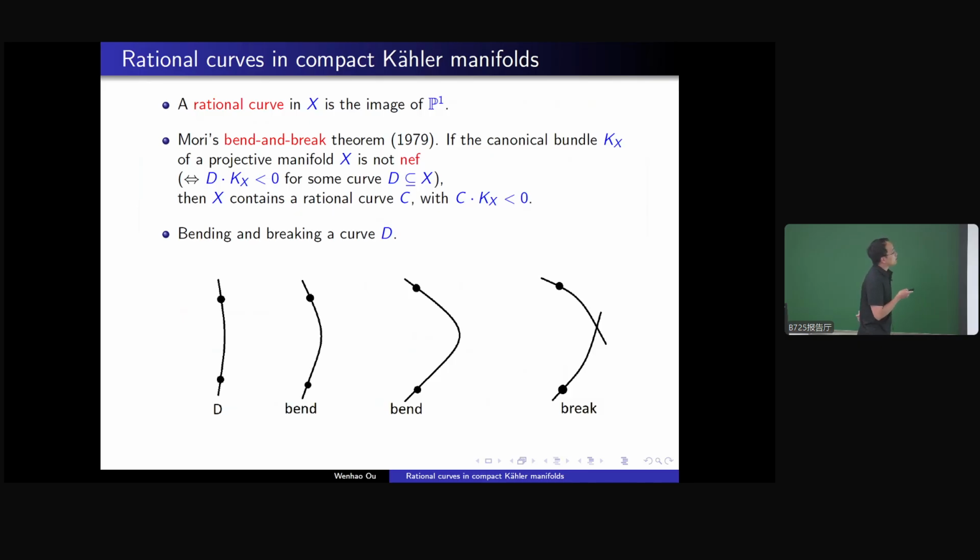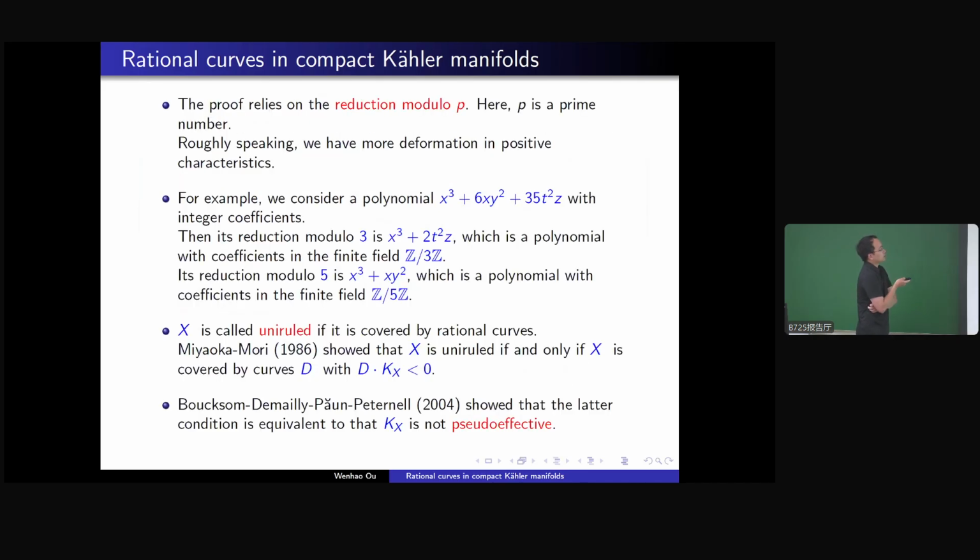The key point is to obtain a curve with extremely negative intersection. This negativity should be very strong. But in general, we only have some negativity, and it will not be strong. To make this idea work, Mori's idea is to use reduction modulo P. Here P stands for prime number.